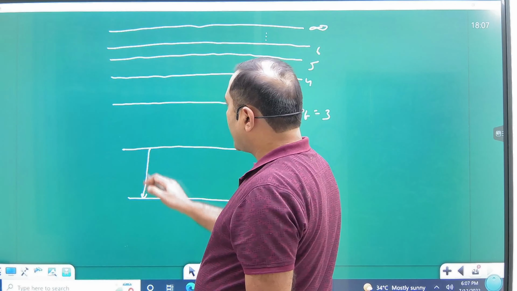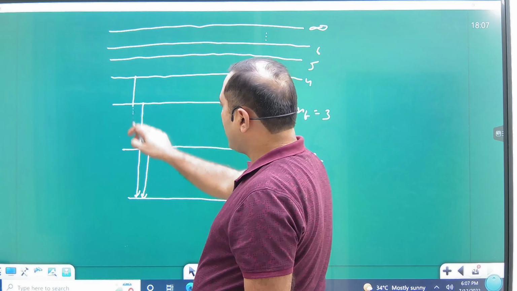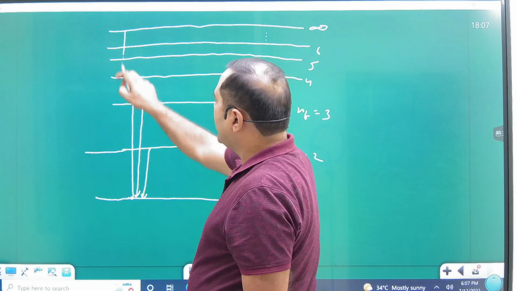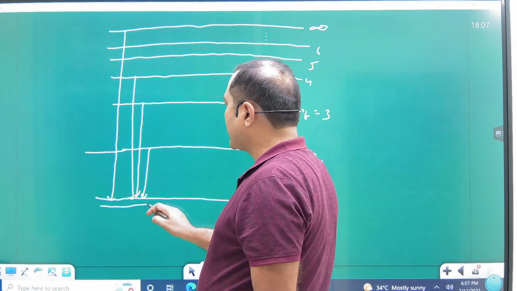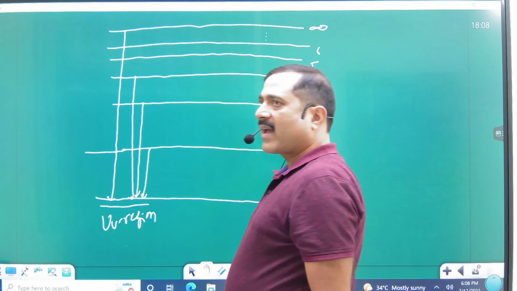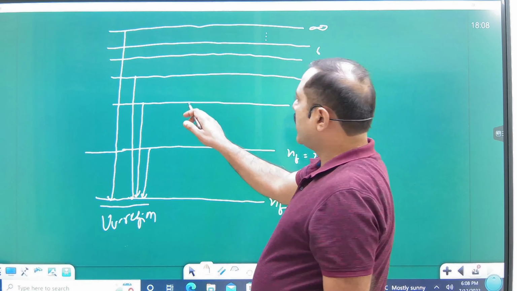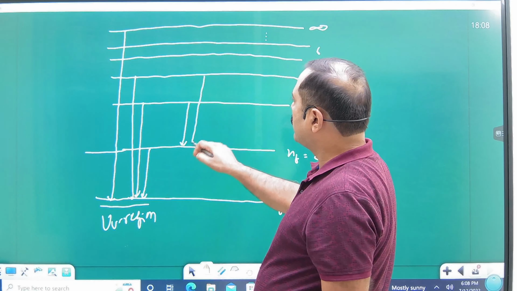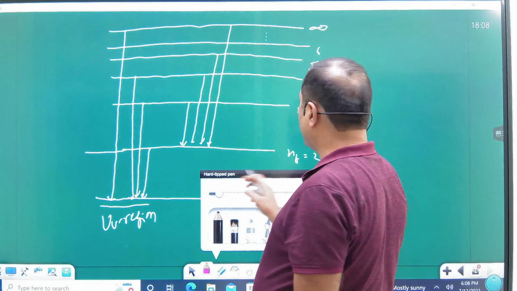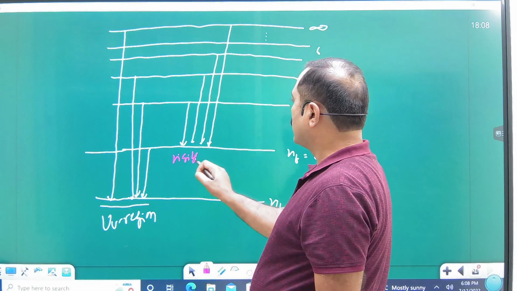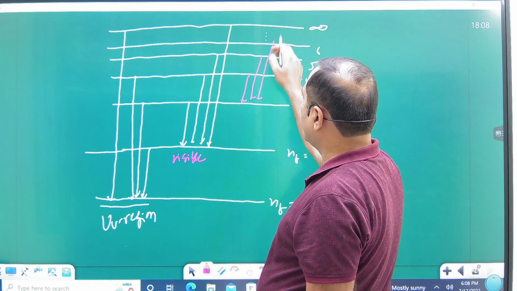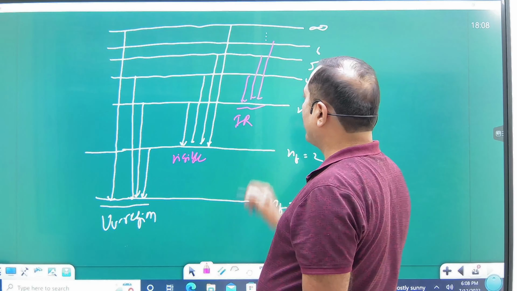All lines of the Lyman series, as we have already discussed in the previous class, lie in the ultraviolet region of the electromagnetic spectra. The lines of the Balmer series lie in the visible region, and lines of the Paschen series, Brackett, Pfund lie in the infrared.